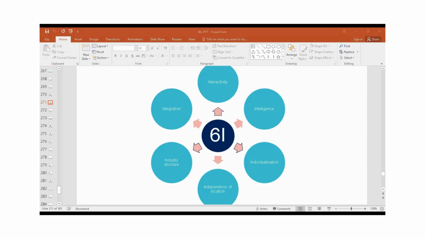After integration, we see that it is industry structure. The way things happen in every particular industry, middlemen were there.